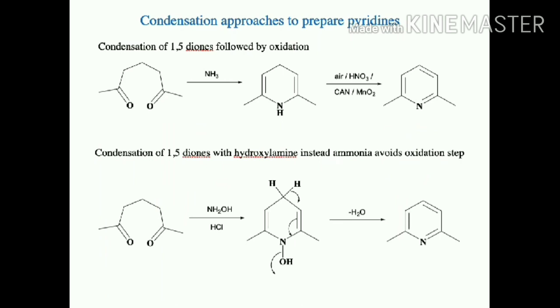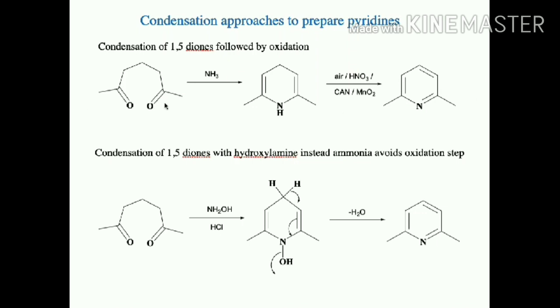Now coming to the second, the condensation approach to prepare pyridine. This is somewhat simple compared to Hantzsch. Here condensation of 1,5-diones followed by oxidation is going to give pyridine.